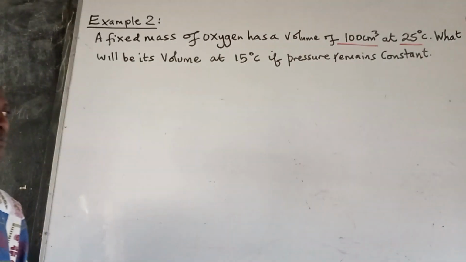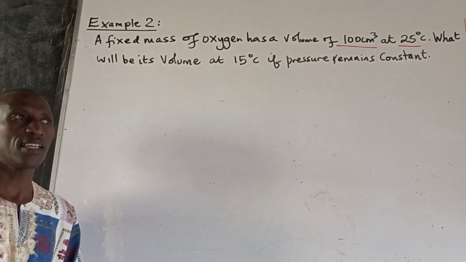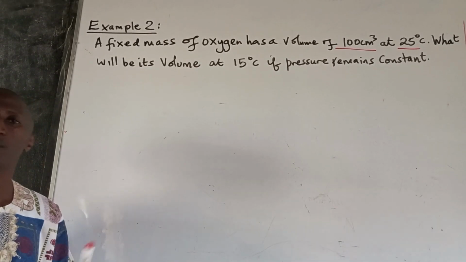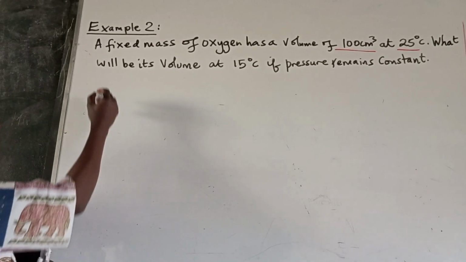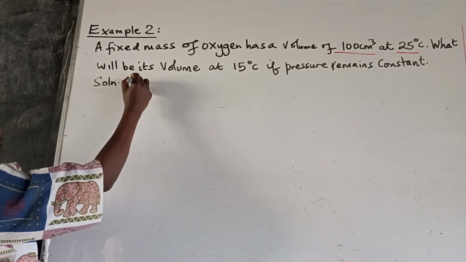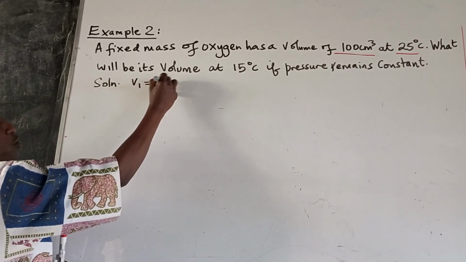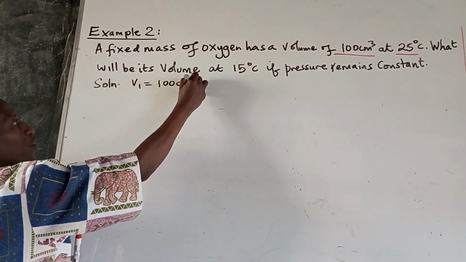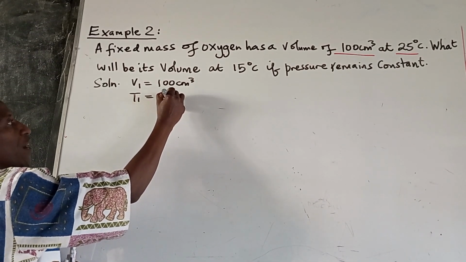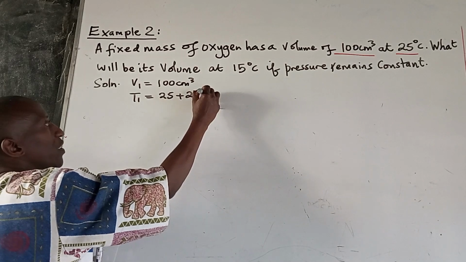So, viewers, we can take this with the working of the first question, and in the solution we can put first the conditions. We have V1 being equal to 100 centimeter cubed. Then we have T1 being equal to 25 plus 273.